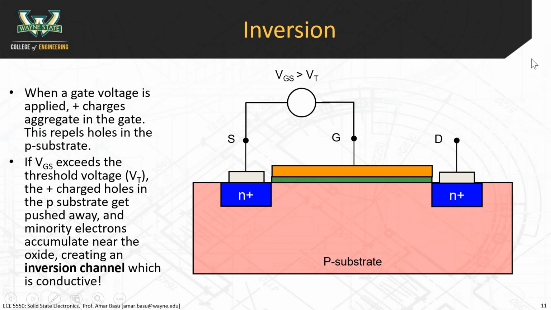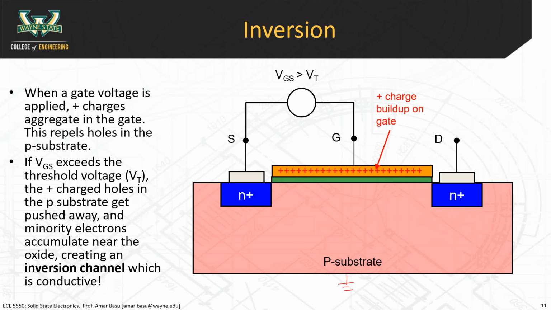Okay, and the purpose of this slide is just to qualitatively understand what happens at inversion. How do we invert this material from P-type to N-type? So when you apply a voltage there on the gate, you end up building up positive charges on the gate, and you'll also end up building up negative charges on the other side. One point that I want to make here is that you can think about the substrate as being grounded.